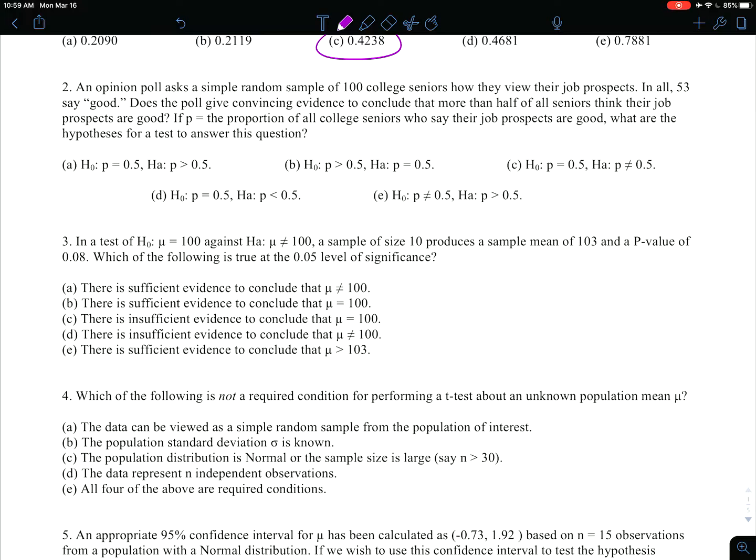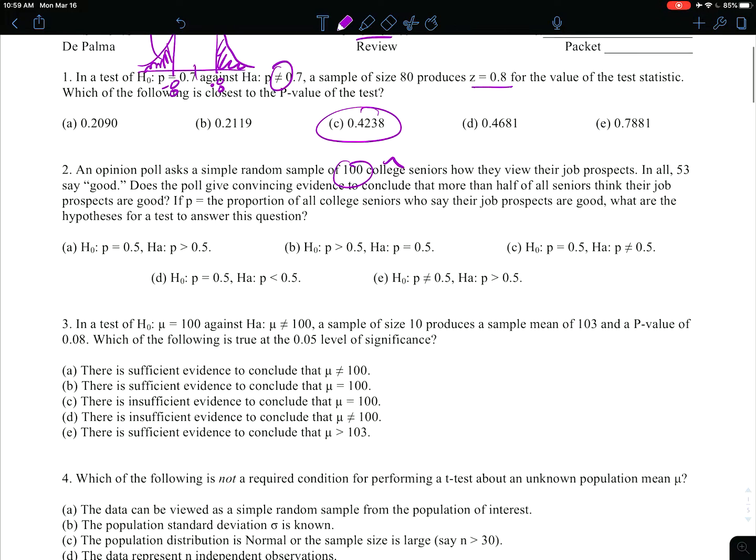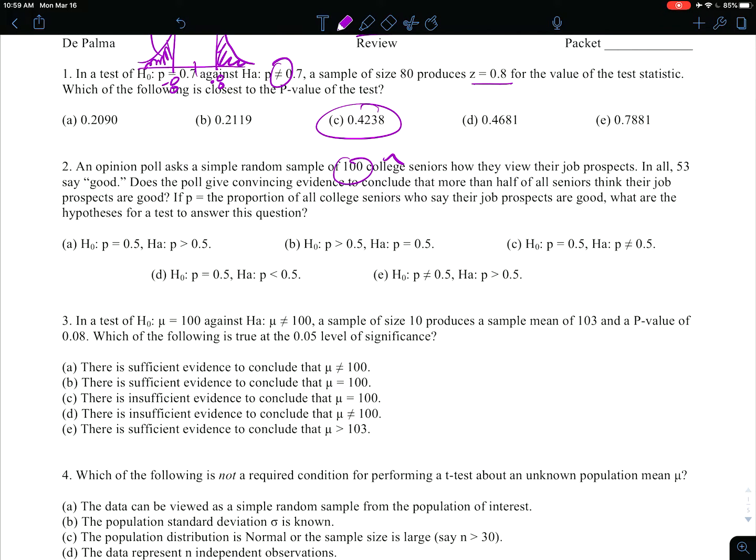Number two, an opinion poll and 100 college students. N is there. N wasn't useful in the previous problem because it was a proportions problem. In all, 53, so this would be X, right? The number of successes. If the proportion, let's say, is good, what is the hypothesis? Does the poll give convincing evidence to conclude that more than half?